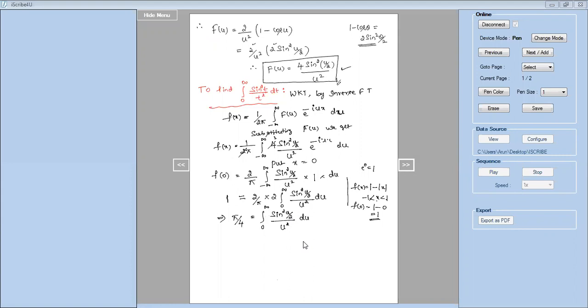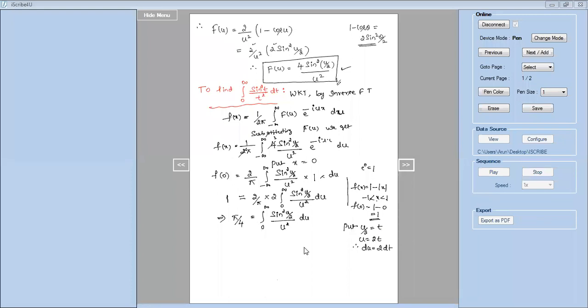So let us put u by 2 is equal to t. Therefore u becomes 2t, and du becomes 2 dt. Now the limits: when u is 0, t is 0; when u is infinity, t is infinity. So the limits will not change.